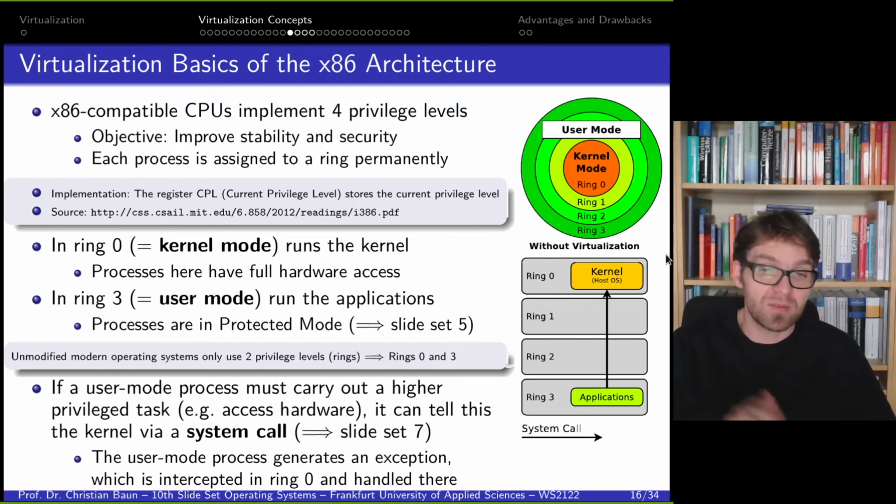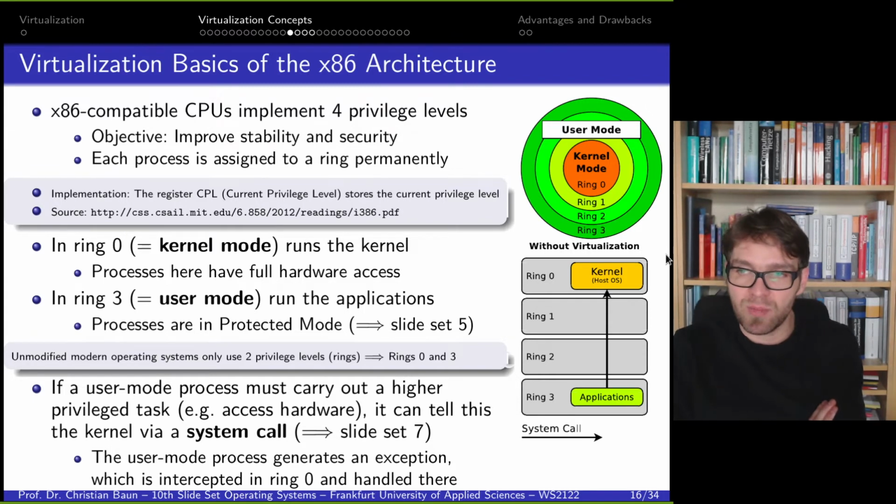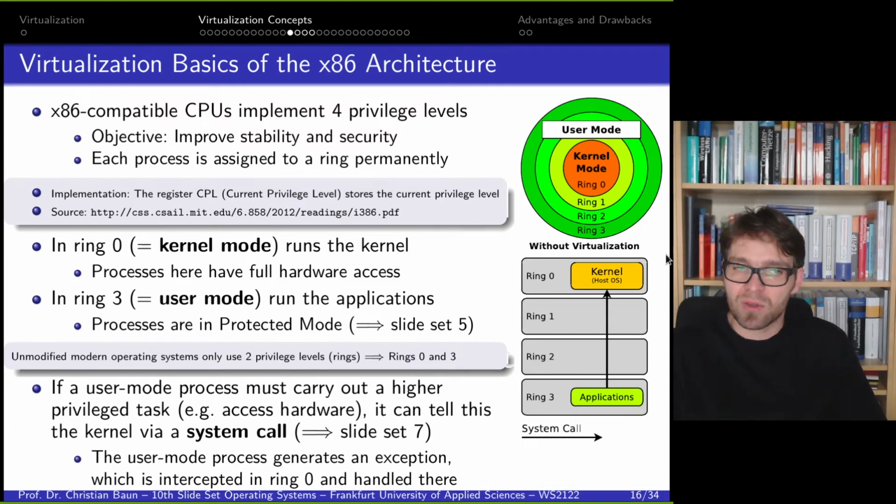But okay, old-fashioned things. You also might remember processes running in user mode, if they want to carry out higher privilege tasks like requesting shared memory segments or accessing some hardware, need to carry out system calls.